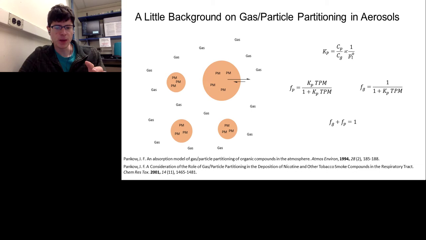Components of the particulate phase are going to evaporate into the gas phase, and components of the gas phase are going to condense into the particulate phase. So there's an equilibrium between the particle phase and the gas phase of the aerosol. You could imagine the more volatile components are going to be more present in the gas phase, and other components are going to be present in the particle phase of the aerosol.